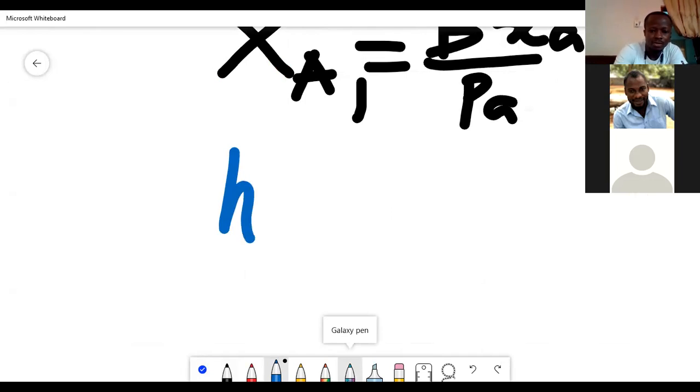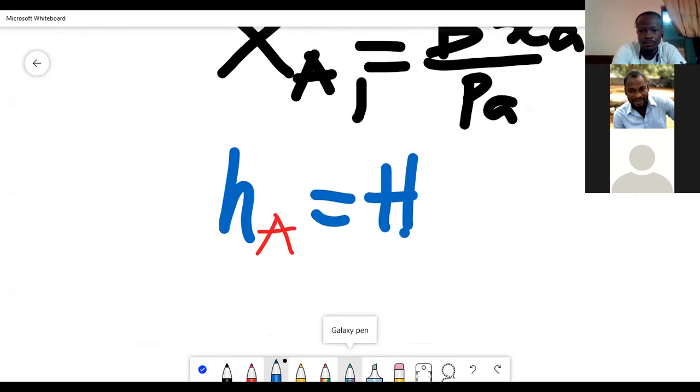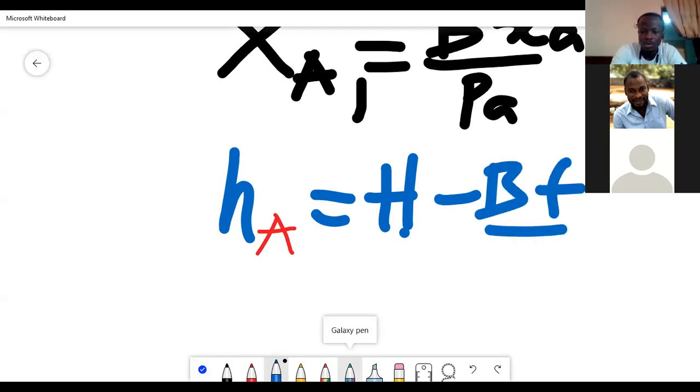Small h, you have to adapt it, subscript A. So a point A having an elevation hA is equal to bigger H minus Bf over p.